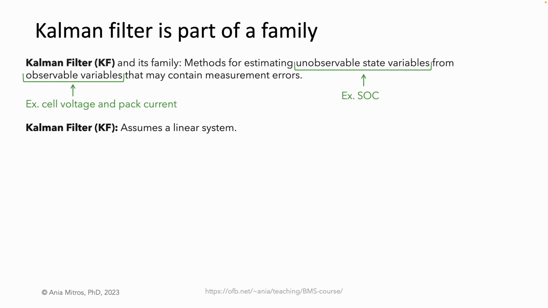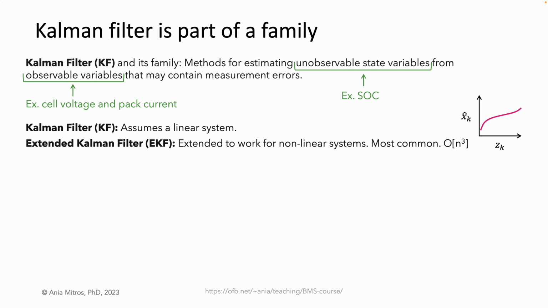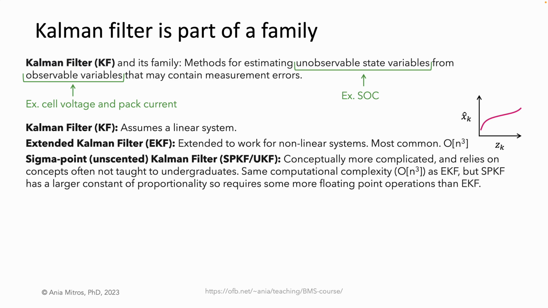The Kalman filter assumes a linear system. For battery state estimation, the extended Kalman filter is more commonly implemented because the EKF is extended for nonlinear systems, and the relationship between cell voltage and state of charge is nonlinear. The sigma point Kalman filter is more accurate, but conceptually more complicated, which deters people from implementing it.